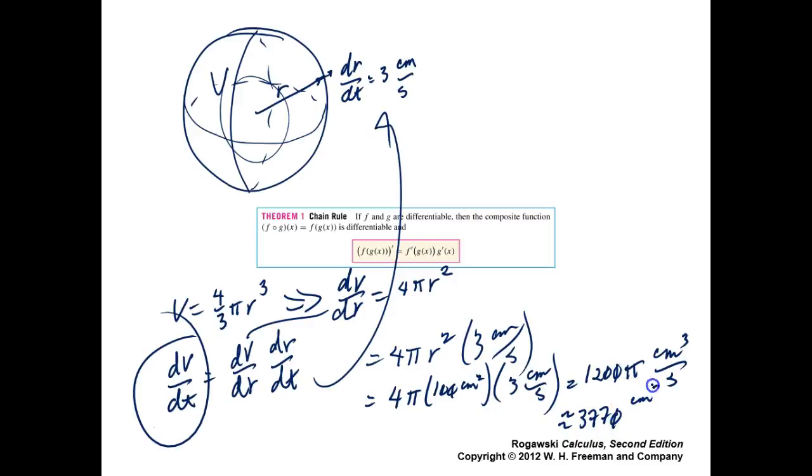And that would be cubic centimeters per second. So, if that radius is increasing at a rate of 3 centimeters per second, when it's at 10 centimeters to begin with, it's a pretty big volume increase. 3,770 approximately cubic centimeters per second. Because that's going up pretty fast.